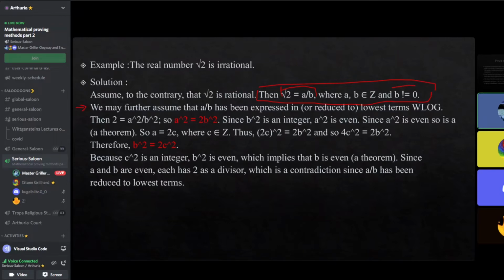From the previous lecture on mathematical proving methods, I explained what WLOG is. It is without loss of generality. It just means that we are presupposing something, and that supposition is not affecting our proving methodology at all.